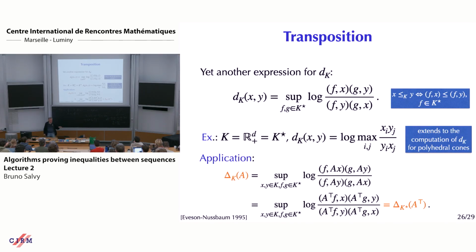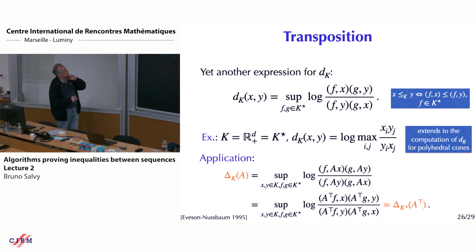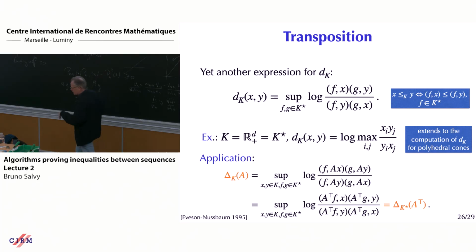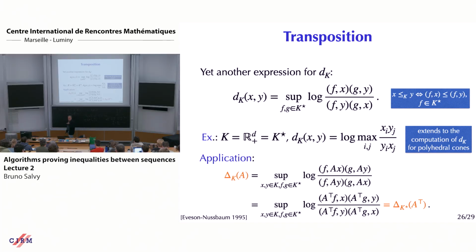The transposition is easy, but again, you come to an alternate definition, a third or fourth definition of the distance as the sup of this ratio of inner products, and actually that gives you a method to compute the distance for polyhedral cones. And then it's again, if I have A here, I have transpose A here, and it will all work out. So the diameter of A for K is the same as the diameter of transpose of A for K star.